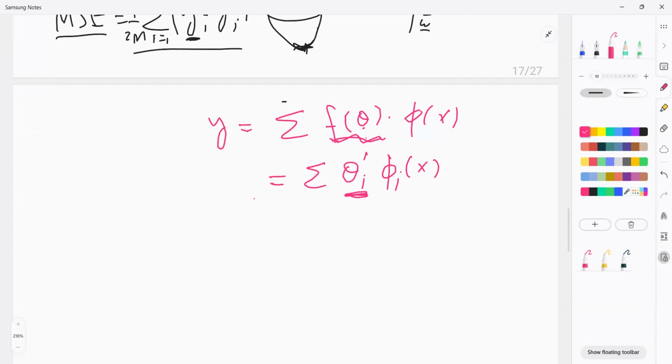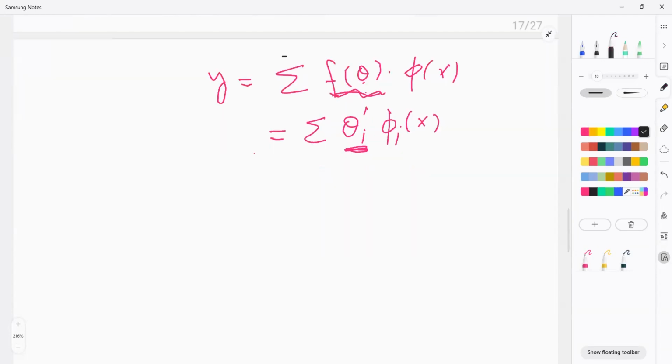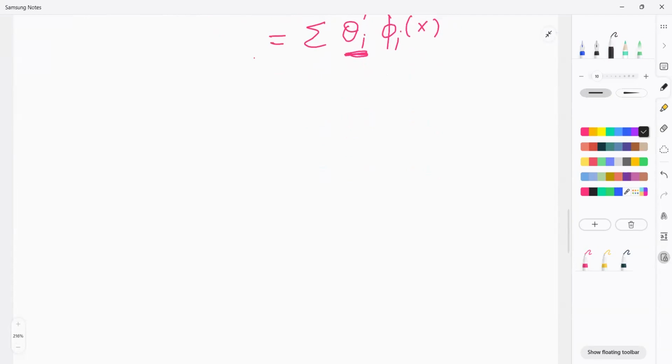All right, any question? If not, let's now move on to the quantum variational circuit, and specifically I'll talk about a variational quantum classifier.